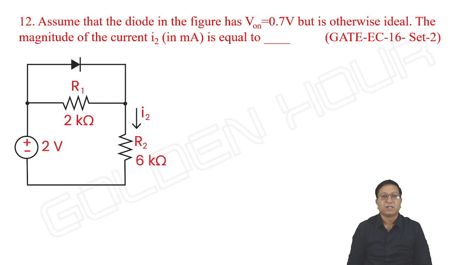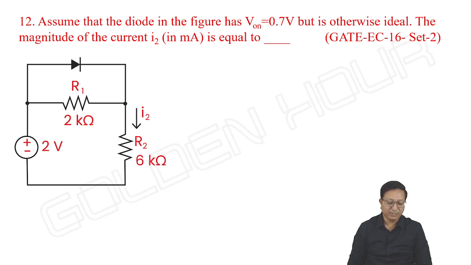Next. Assume that the diode shown in the figure has V on equal to 0.7 volts, but is otherwise ideal. The magnitude of the current I2 is equal to, okay, what is the current through the 6 kilo ohm resistor?